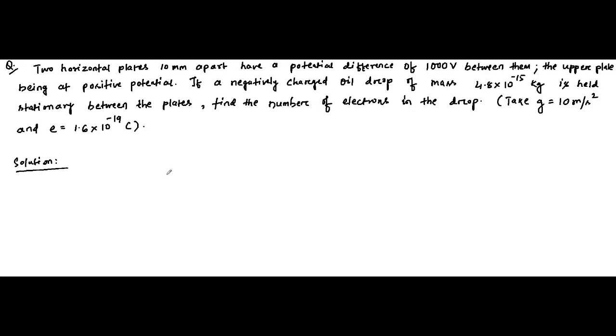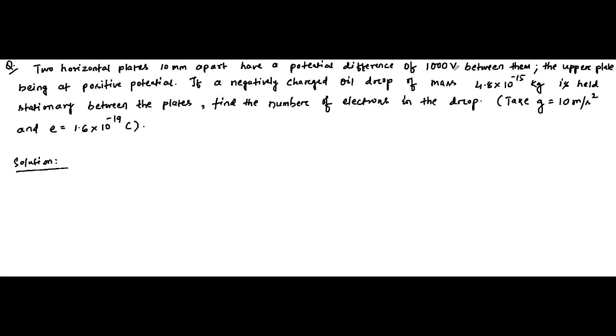The question is that two horizontal plates which are separated 10 millimeter apart, they have a potential difference of 1000 volt between them. Okay, they are connected to a source of electric potential, and a potential difference of 1000 volt is maintained in between them.